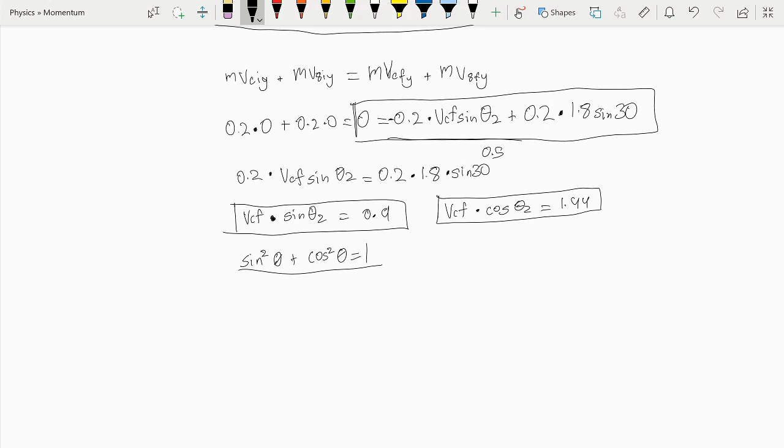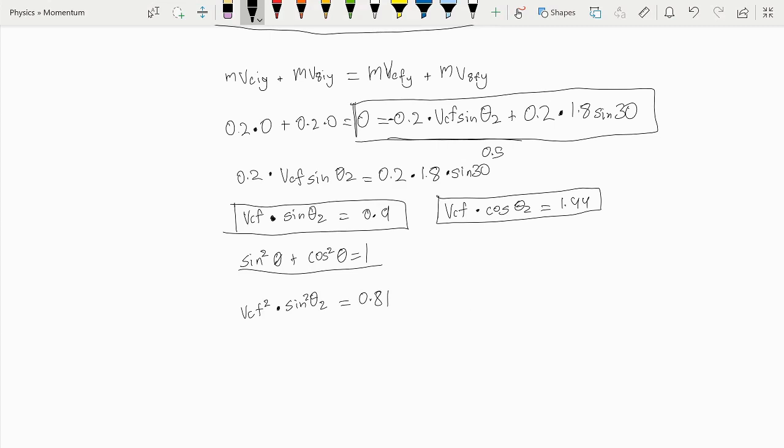So if we squared both of these equations, we would get VCF squared times sine squared theta 2 is equal to 0.81.